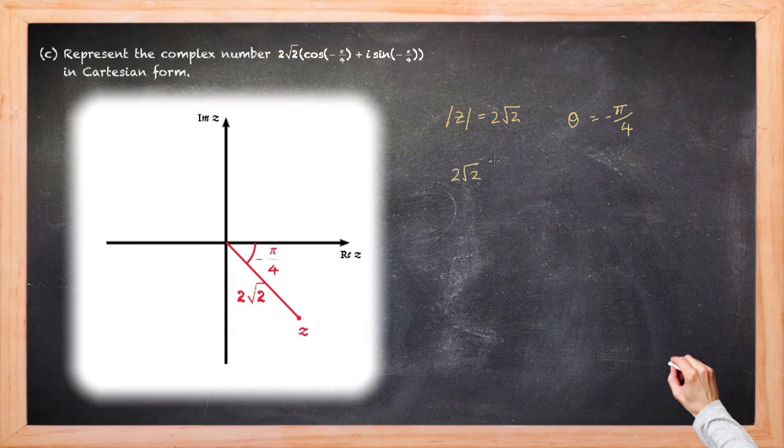So how do we write this complex number in Cartesian form? Well, what we can do is find the exact values of the cos negative pi upon 4 and the sine negative pi upon 4. And remember, looking at the diagram, that the real part is positive and the imaginary part is negative.